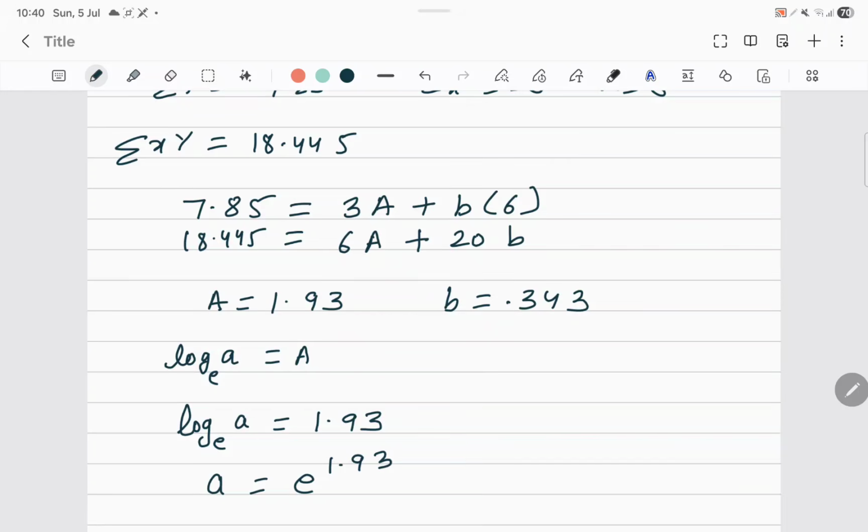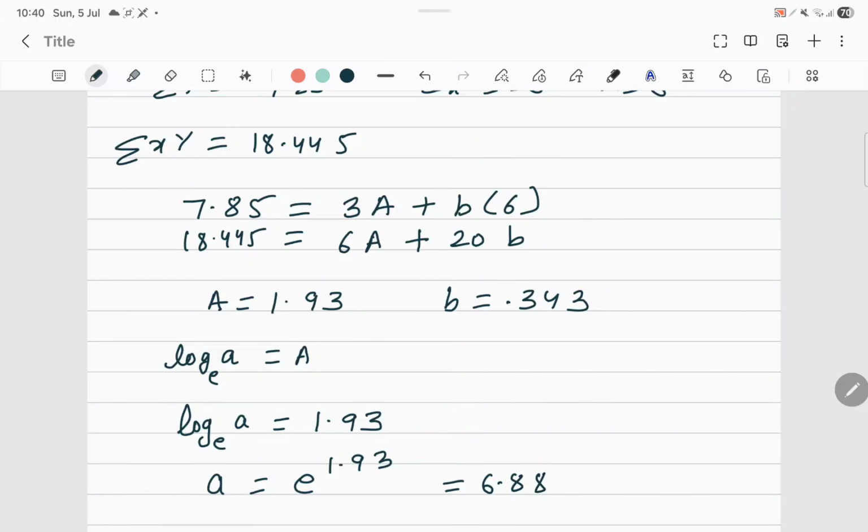So let me go to the calculate mode. So when you go to the calculate, so shift e to the power 1.93. So you got the value 6.88.